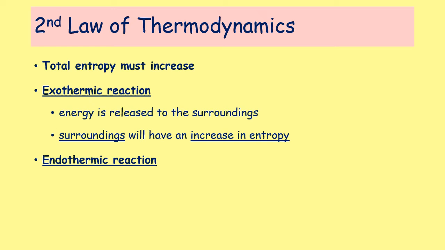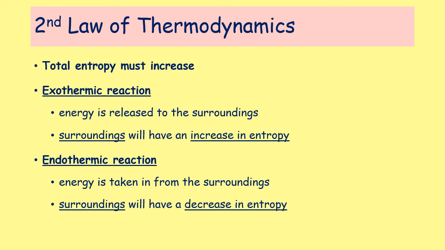So that's absolutely fine. Where you have an endothermic reaction, you're taking energy in from your surroundings. So if you're taking energy in from your surroundings, you're causing the temperature to decrease, which is causing a decrease in entropy. We know that overall, we cannot have a decrease in entropy.